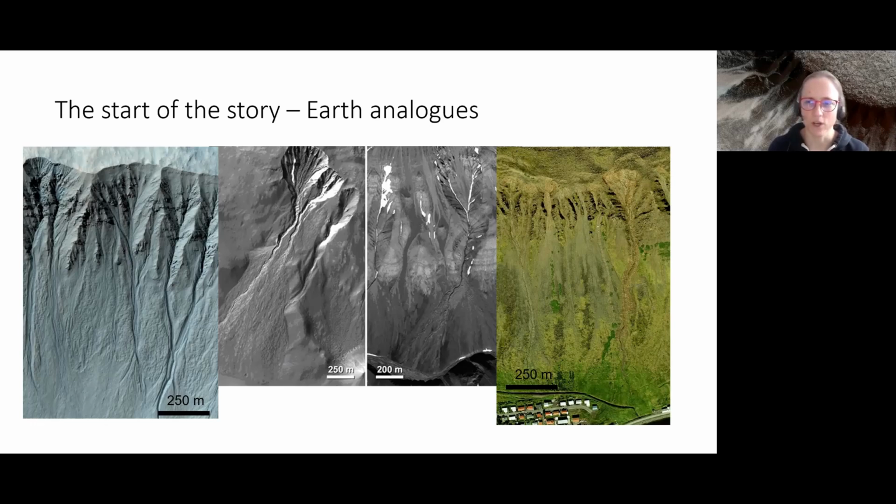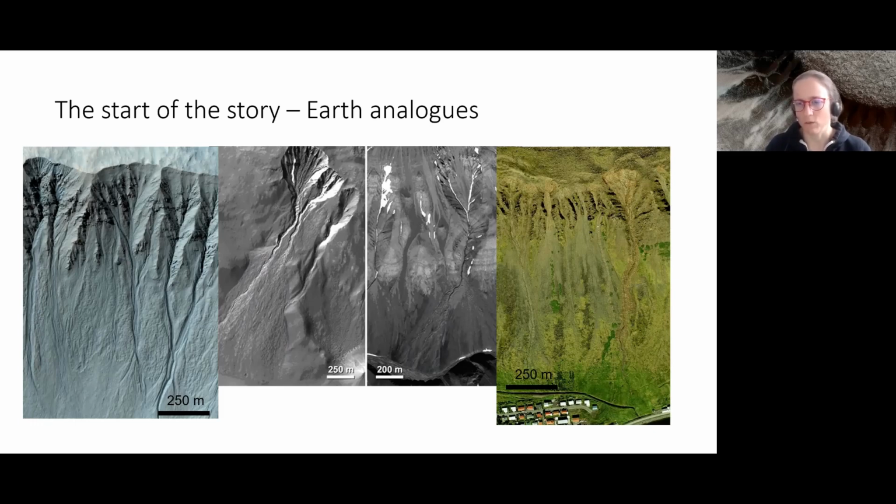And we know that they've been active over prolonged periods of time because we see both active parts of the fan areas and older, less active parts of the fans, which sometimes also have impact craters superposed on them. So we know that these systems are repeatedly active.